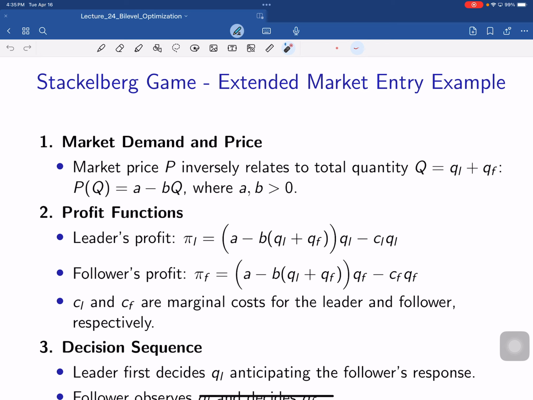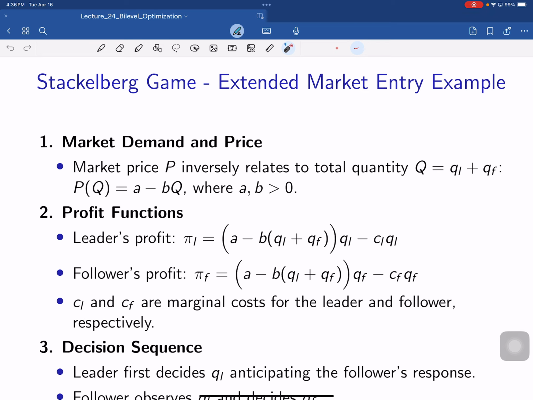So this equation would be the total profit made by the leader. Similarly, let's calculate the follower's profit. The follower's profit would again be the price of this product times the quantity produced by the follower, minus the marginal cost of producing the product times the quantity produced by the follower.